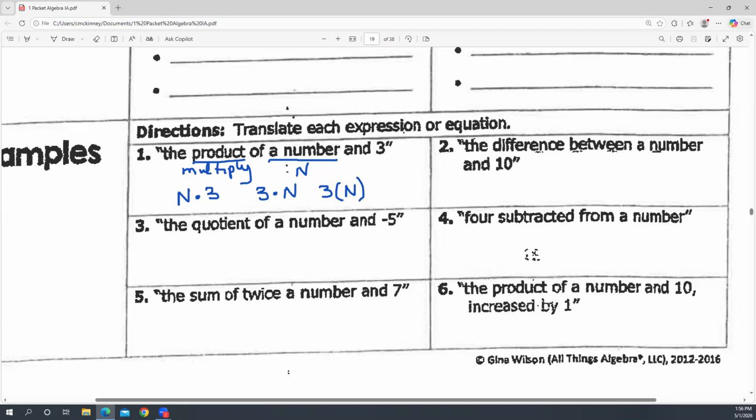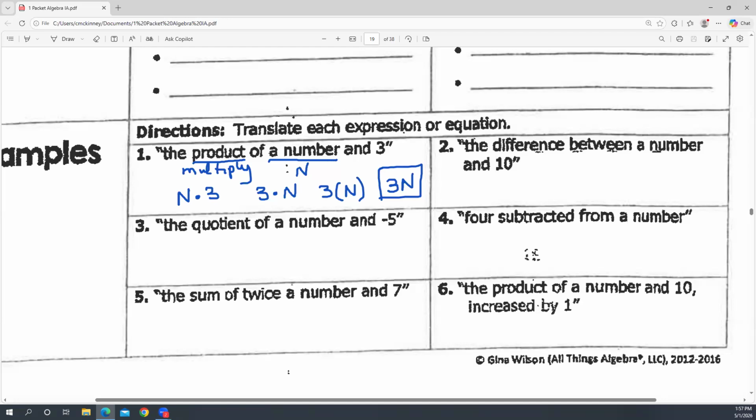The simplest and most common way, if it's a variable and a number and they're being multiplied, would just be to write the number as the coefficient of the variable. That's how we're most likely to see it. The other ways I wrote it are all fine. I would not use an X to represent the multiply because now we're using X as a variable. So I would get away from that.